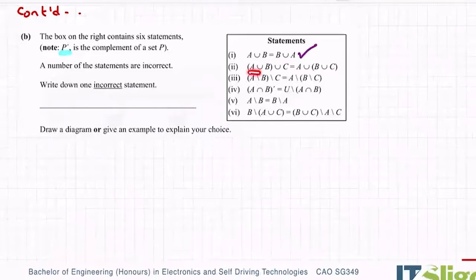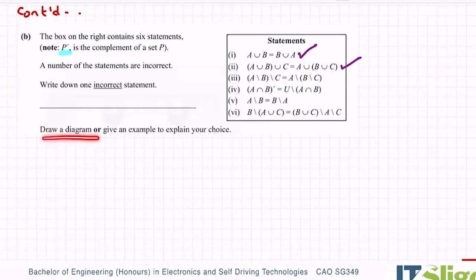And the same here, it's just with 3 sets, but it's the same thing again, whether you do A union B first and then union it with C, you get the exact same answer as if you do B union C first and then union it with A. You can see all the time I'm following the rules of BOMDAS, you have to do what's in brackets first. Then we look down and it gets a little bit more confusing as to which of these is correct. The next part said draw a diagram or give an example to explain your choice.